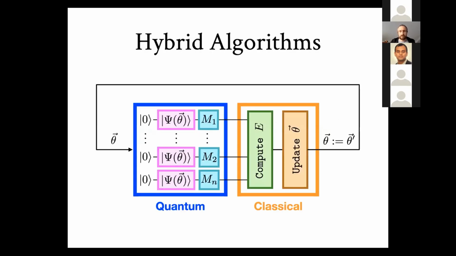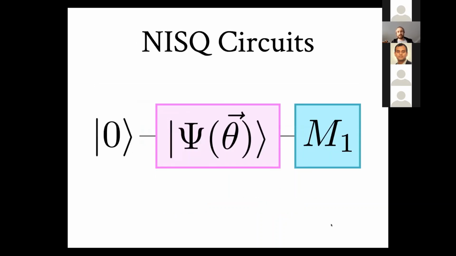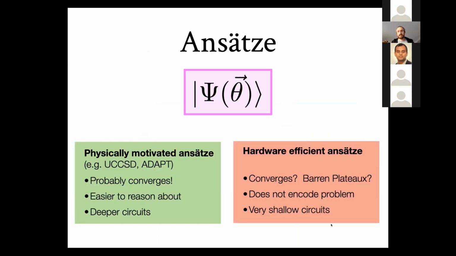And if we think about the hybrid algorithms that I showed you at the beginning, and we look a bit closer at what is happening here, this part is the only part which actually runs on the quantum computer. And this pink box here, we call the ansatz. So this is the circuit that prepares a state which we want to measure. And there are basically 2 kinds of these ansatz.